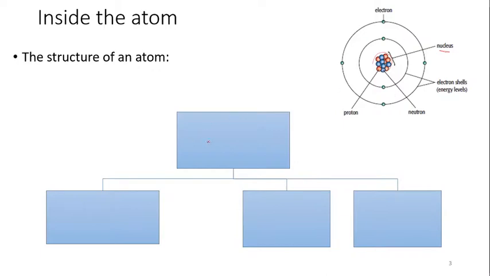So any atom contains electrons, which are negatively charged and revolve around the nucleus, and we have the nucleus, which contains protons and neutrons.